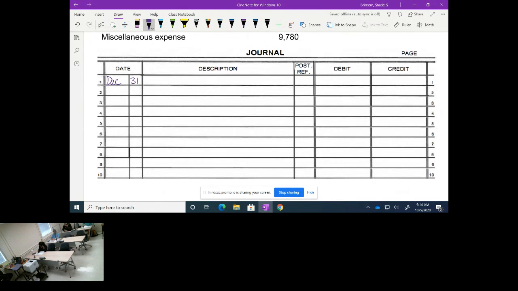And remember, we're going to have 2 entries. The first one, we're going to zero out our revenues and expenses. So fees earned is what we'll put first. 1,690,000.